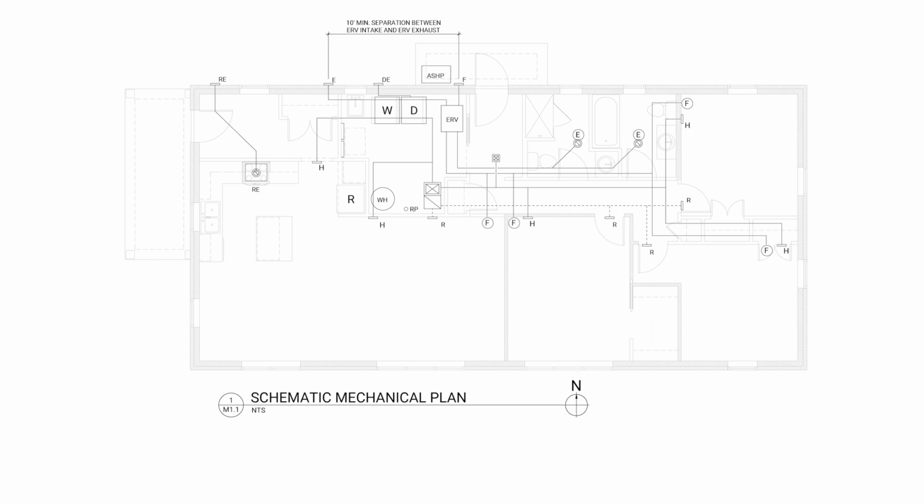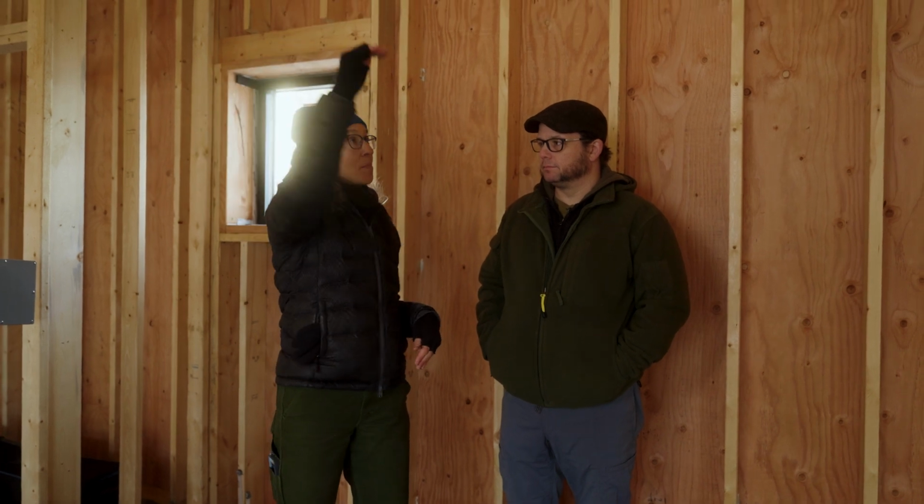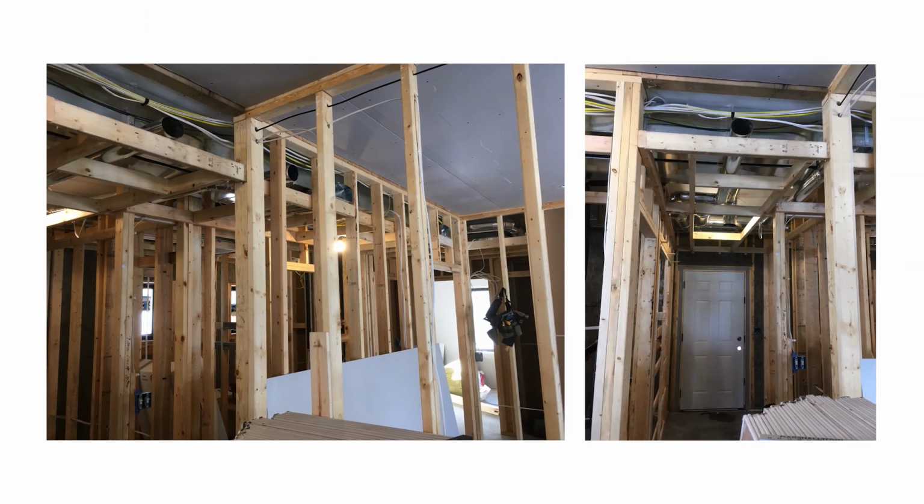So in this space, we're going to have ventilation equipment, and we're also going to have the air handler for the air source heat pump. And so there's going to be a fair amount of ductwork basically connected to the top of this ceiling and then moving through the framing into the adjacent spaces. And we wanted all of that to happen below the insulated ceiling and below the air barrier.